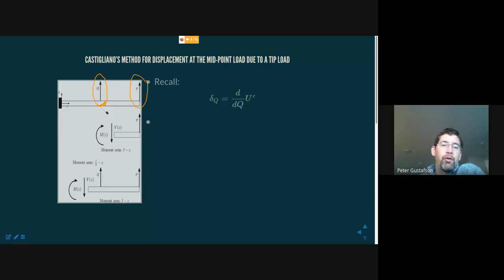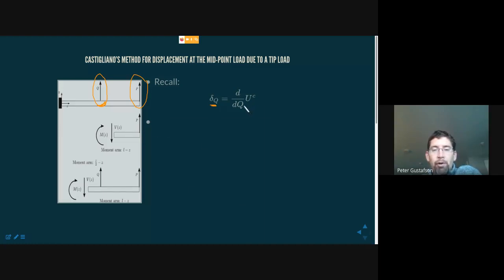So I will assume that I have a load there, calculate the midpoint deflection, and then I have my answer. And I can do that even using Castigliano's theorem. Why? Well, I do know that the deflection at the point of application of the load, in this case Q, is going to be equal to d by dQ of the complementary energy.